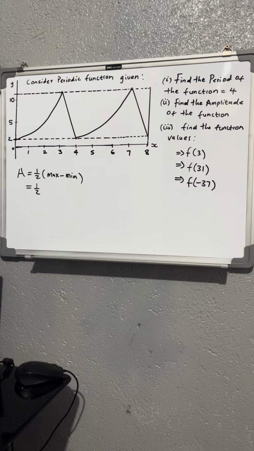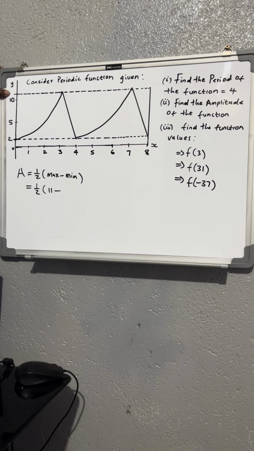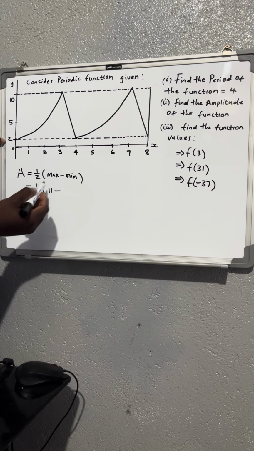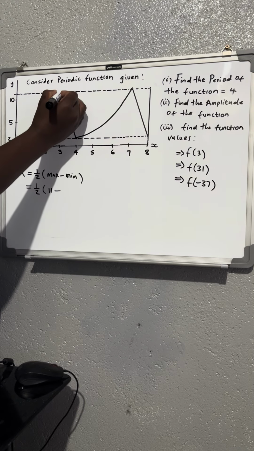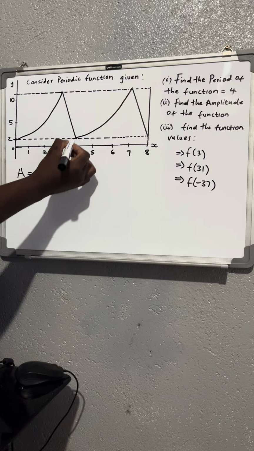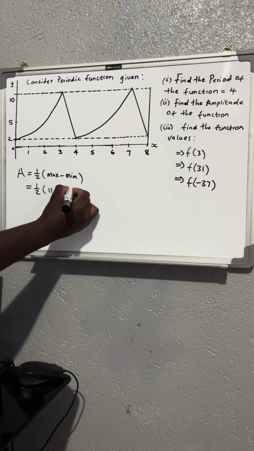Your maximum value will be something along here, which is going to be 11. Remember, you check your maximum value exactly on that line. We have this one here, which is the max, then this one here, which is the minimum, which is 2.